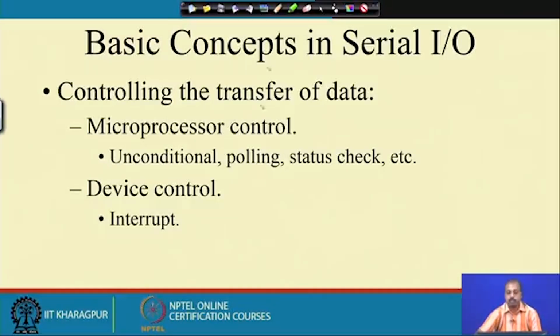Polling means the processor will ask the device one at a time whether it is ready for the transfer, and then the data will be transferred. Status check means it will check whether the device is ready, and then transfer. Polling and status check are more or less the same: the processor will regularly poll the device to check its status, and if the device is free, then the data can be transferred.